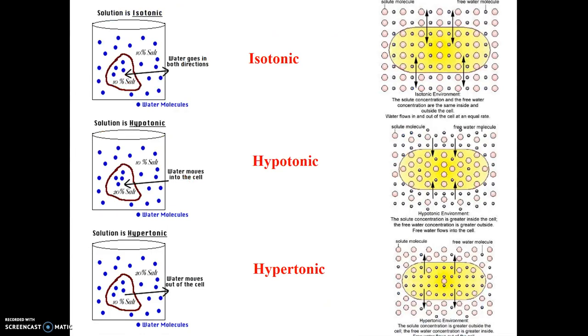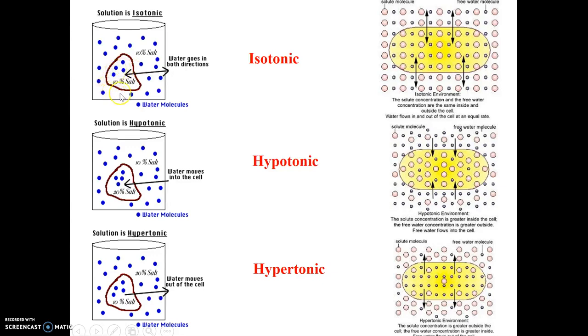Alright, here's an illustration to help make sense of all of this. Let's start off here at the top with an isotonic solution. Remember, iso here is going to refer to the same or equal amounts of dissolved substances inside and outside the cell. So an isotonic solution, the solution outside the cell, in this illustration here, let's go with a 10% salt solution.